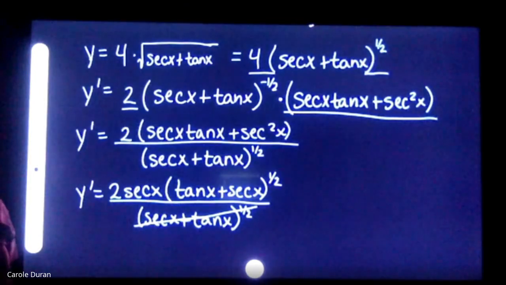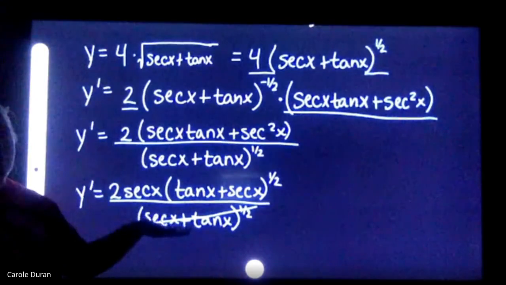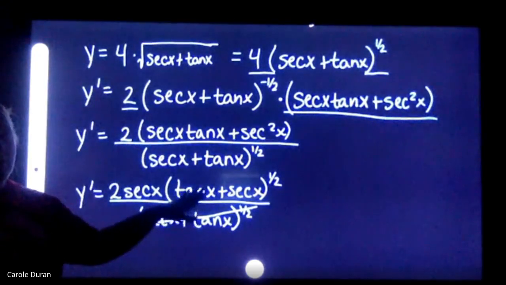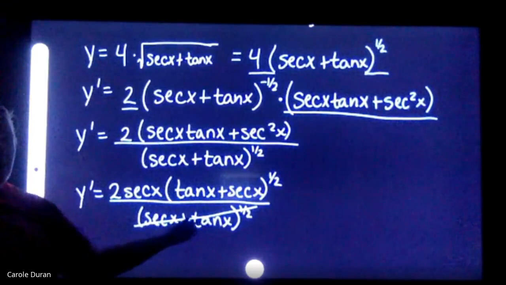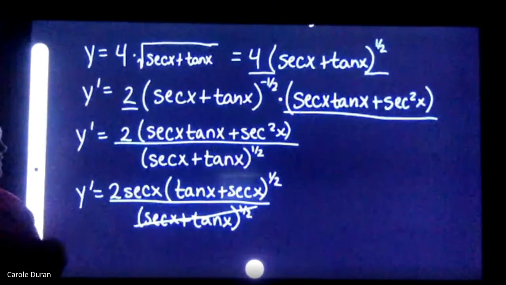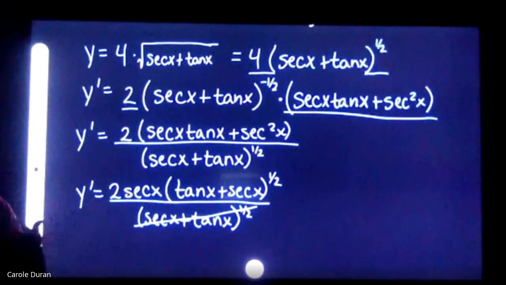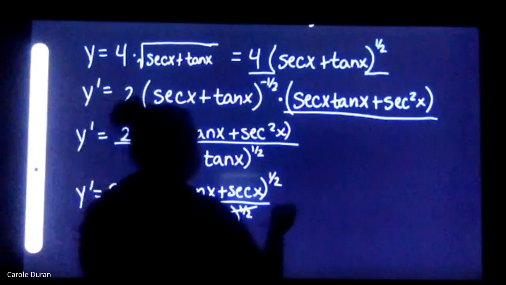So what I'm left with now, instead of fully canceling out both of those factors, I was only able to cancel out half of it because that's all I had in my denominator. So now in my numerator, I have 2 secant x times the quantity tangent x plus secant x to the 1/2 power, which of course I can rewrite using a radical.